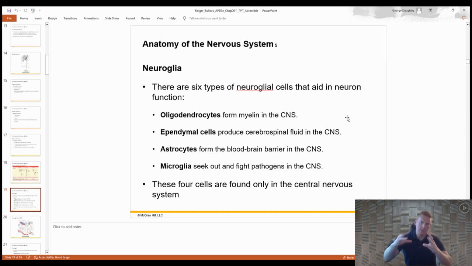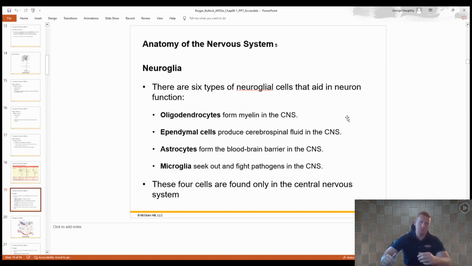Oligodendrocytes are that myelin functional unit of a central nervous system neuron. A peripheral nervous system neuron has a myelin sheath unit that's called the Schwann cell. The myelin of a peripheral nervous system neuron is a Schwann cell. The myelin of a central nervous system neuron is an oligodendrocyte. Okay, you got to know the difference.